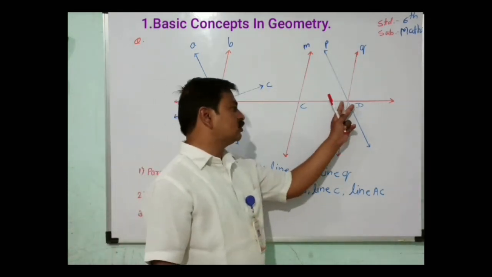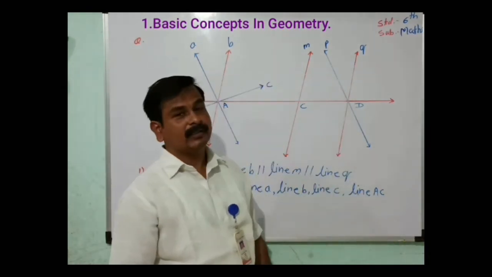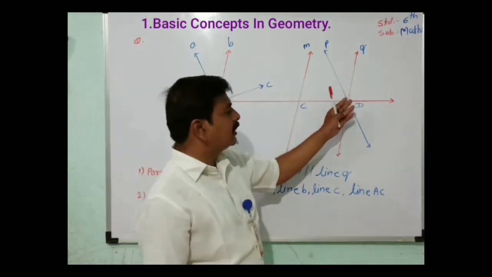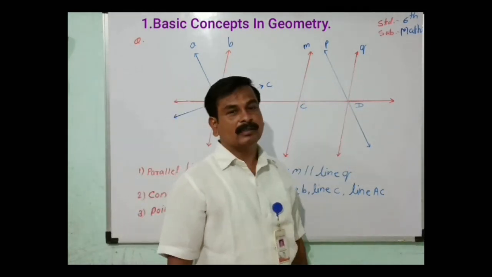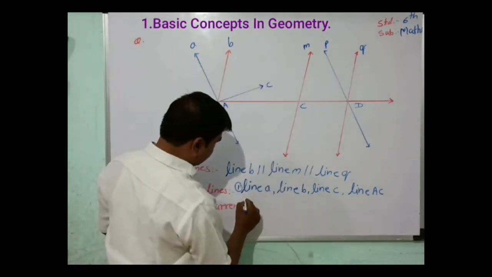Now here also three lines intersect in point D. So all these three lines are also concurrent lines. Now write down names of all these three lines.